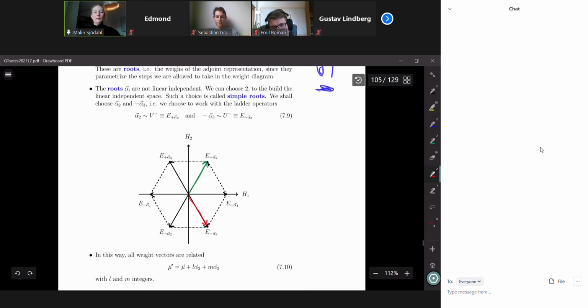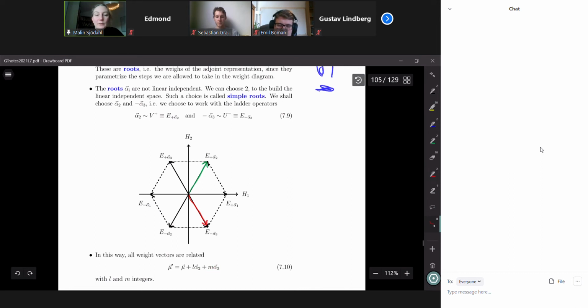Okay, so the lattice of points that one can have in this space is then given in relation to some starting point by taking an integer number of steps in the alpha 2 direction and an integer number of steps in the alpha 3 direction.